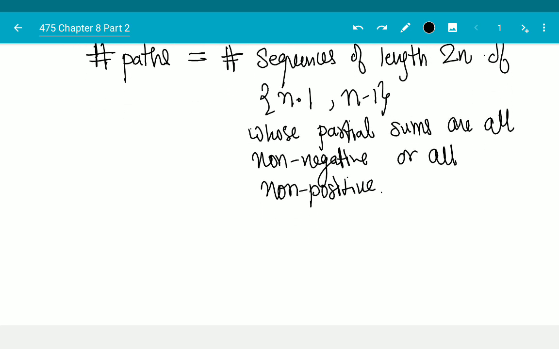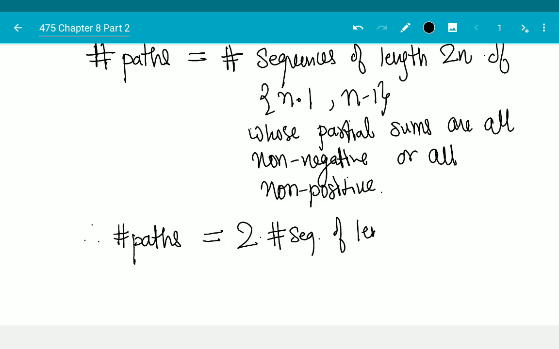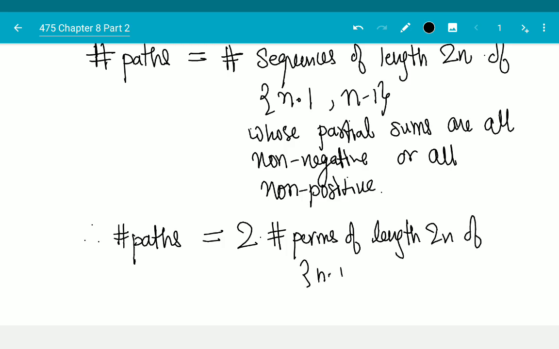And so I know, therefore, the number of paths is equal to 2 times the number of such sequences, the number of permutations of length 2n of n times 1, n times -1.